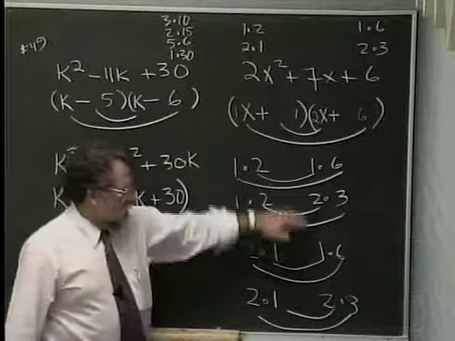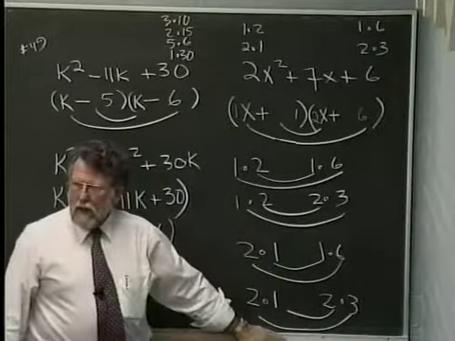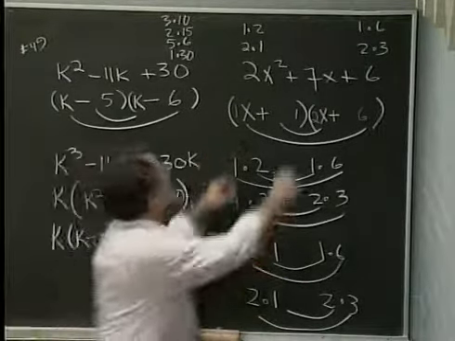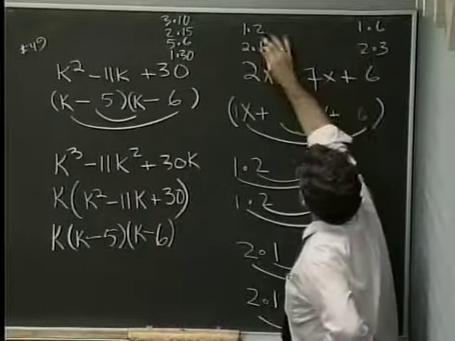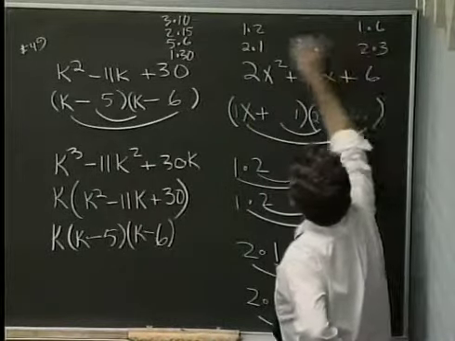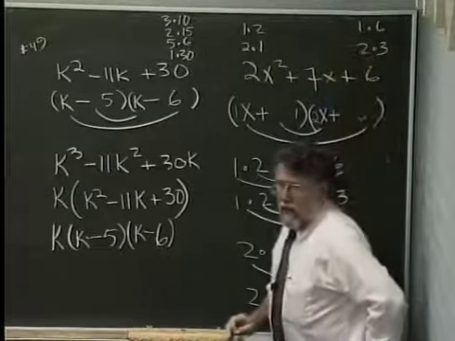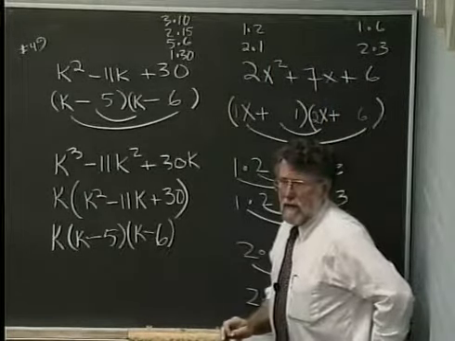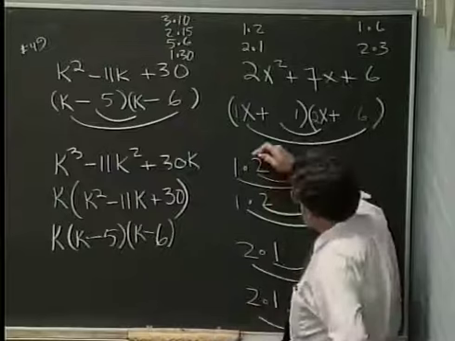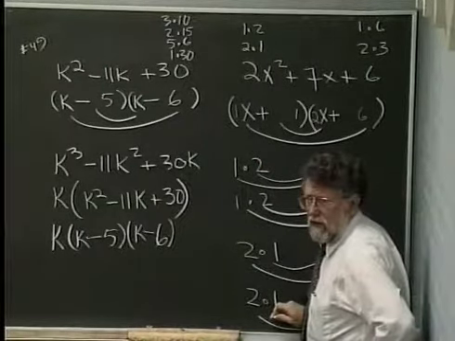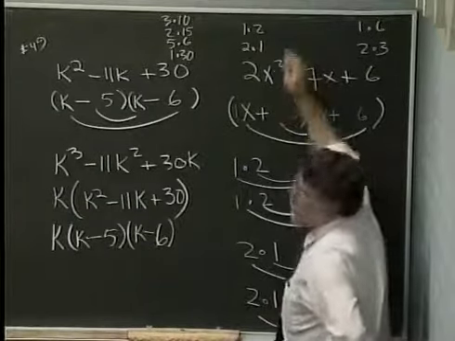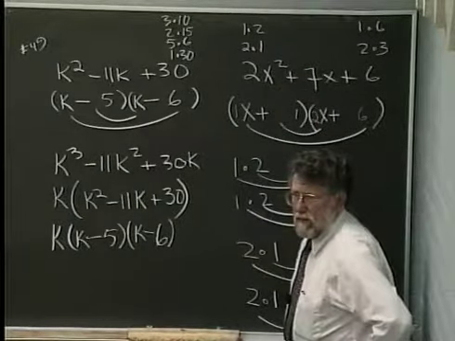Now you can write them in this way, or you can mentally look up here now and say, I've got a 1, 2, and a 1, 6, and in your head, do the inner and outers. So what I'm wanting you to do is this process of 4 different pairings, I want it to be done up here, but in your head.